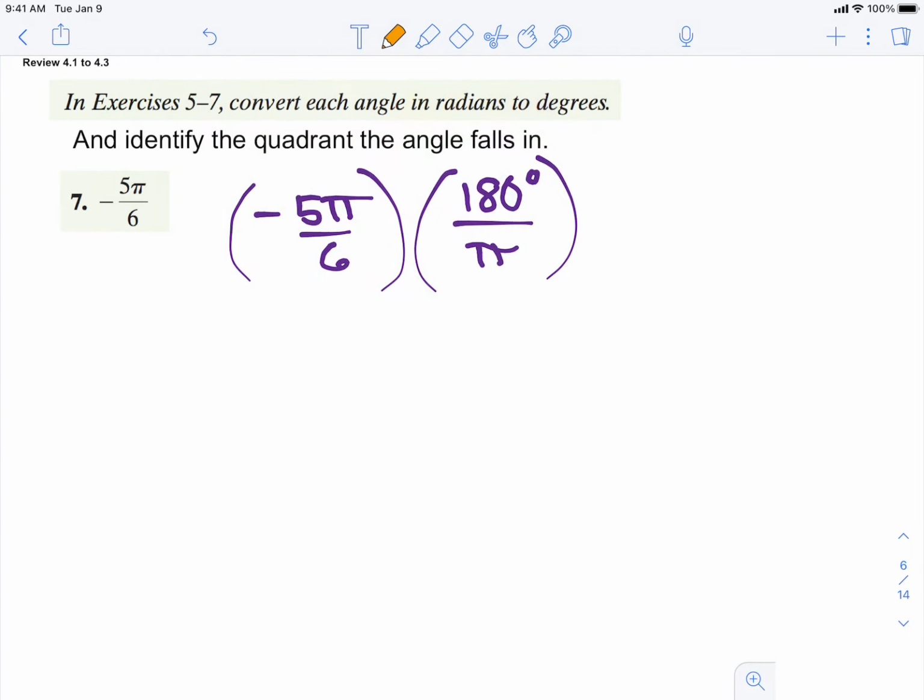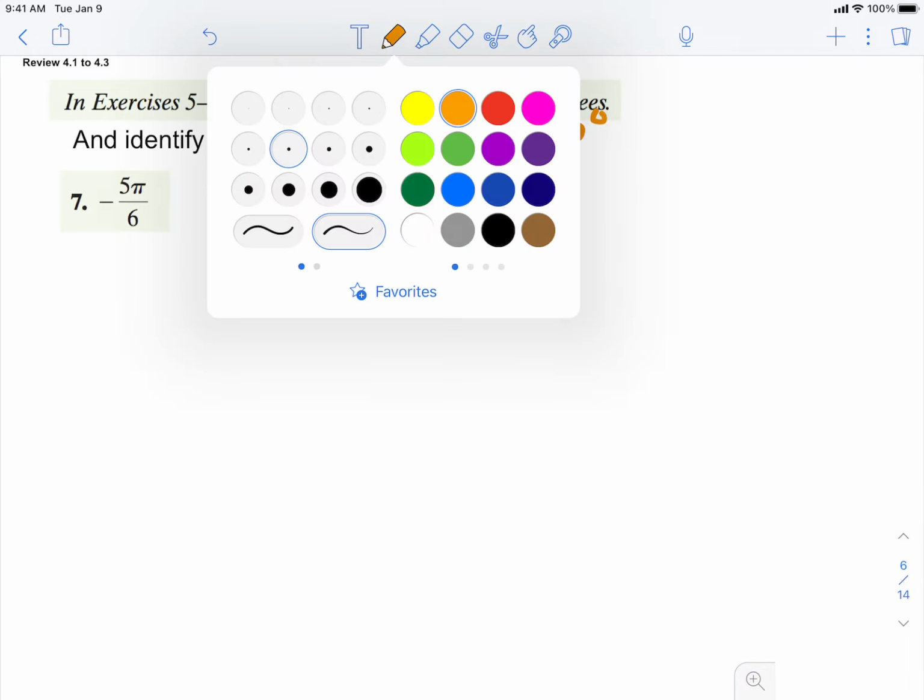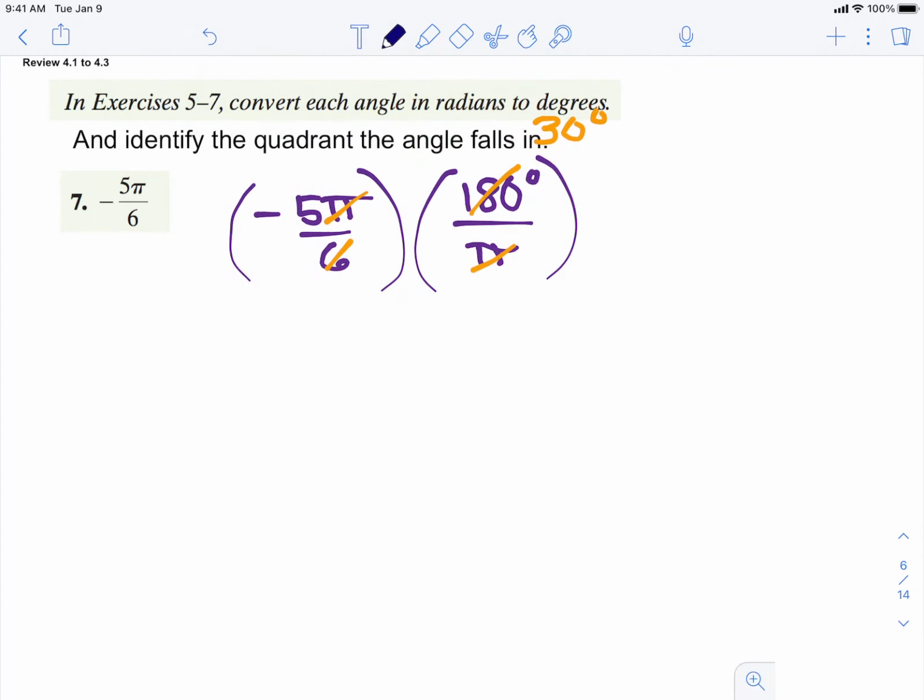We can cancel the pi's, and then we can reduce 180 degrees and 6 by 6. So that'll become a 1, and this becomes 30 degrees. And now we can multiply across. So negative 5 times 30 degrees is negative 150 degrees over 1.